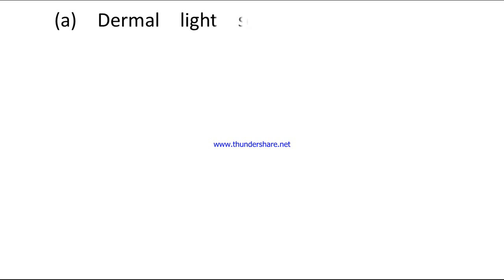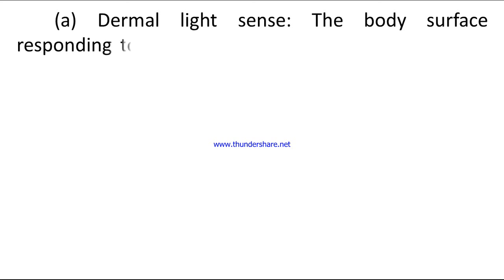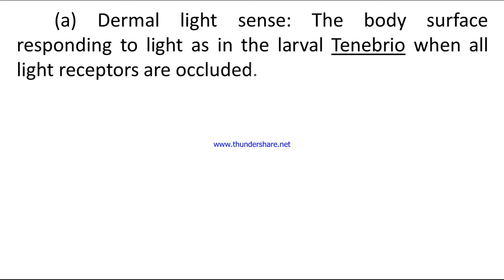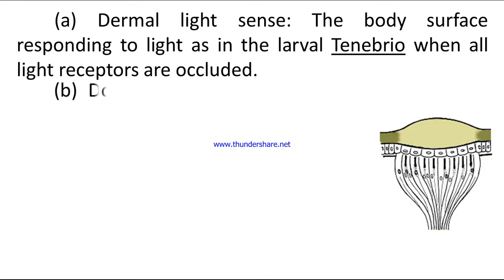Number A. Dermal light sense. The body surface responds to light, as in the larval Tenebrio when all light receptors are occluded. Number B. Dorsal ocelli.